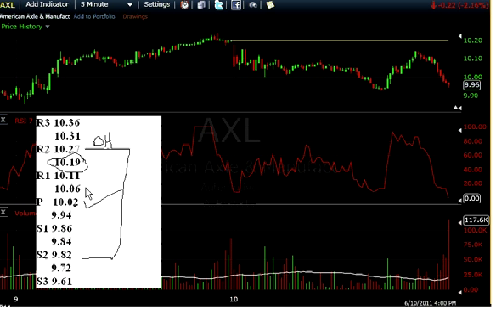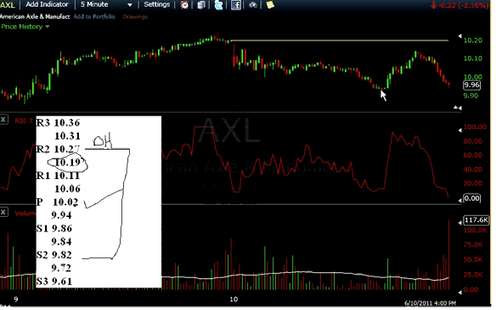Okay, but let's just say scenario here. You're watching this thing, and it looks like it's hovering right around the 10.02. It goes up to 10.06, and then retracts back down to 10.02. That's where you buy. If this thing looked like it's bottoming out for the day, she's got like an up and down pattern, and she's coming in.